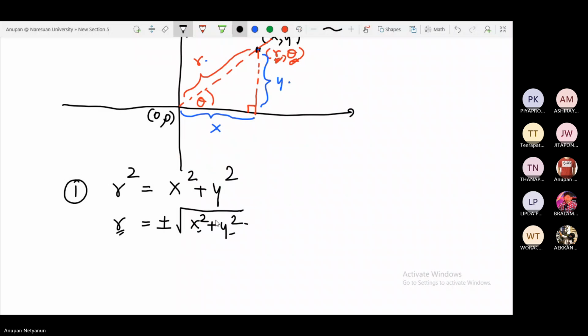Now, second one is you can see that we have r already that is related to x and y. Now, let's look at theta now. You have the right triangle, right?